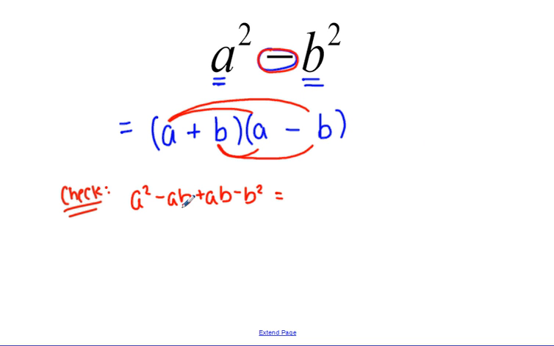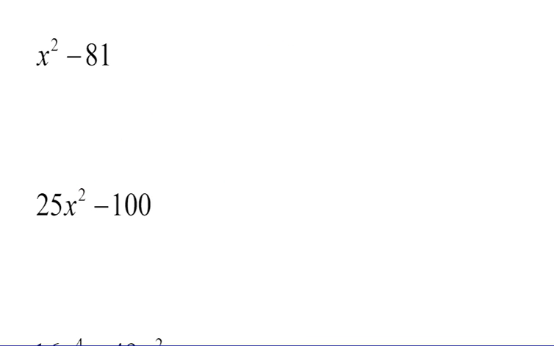So what you'll notice happening, if I combine my like terms, is that positive ab and negative ab cancel out. And what allowed this to happen was the fact that we used a plus and a minus sign in our solution, allowing us to get a squared minus b squared back again. Let's look at some examples.